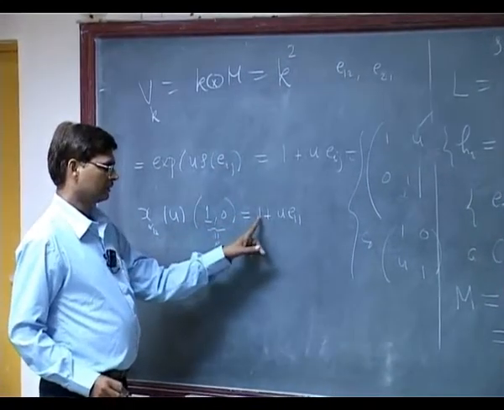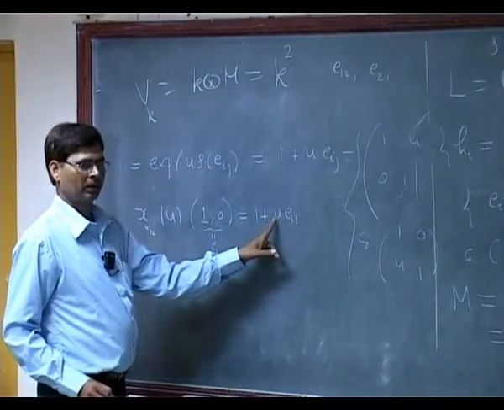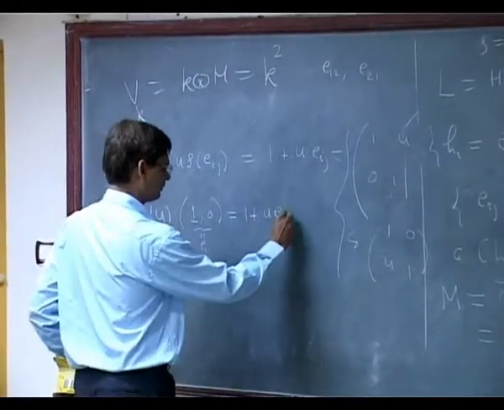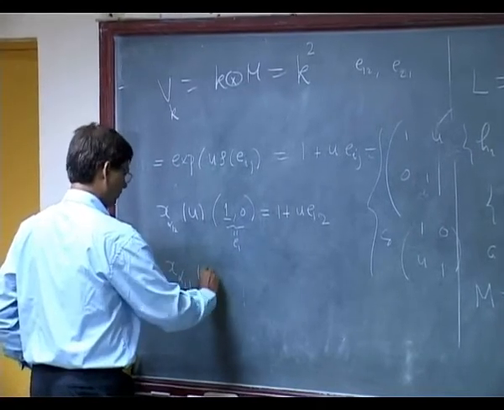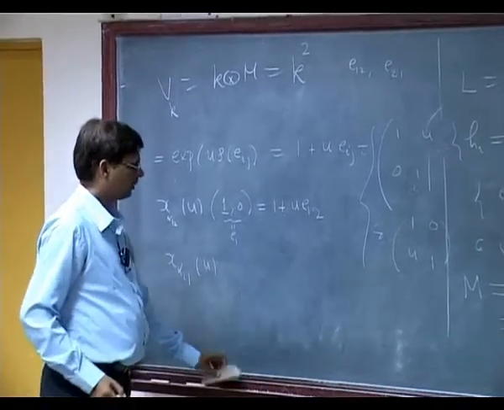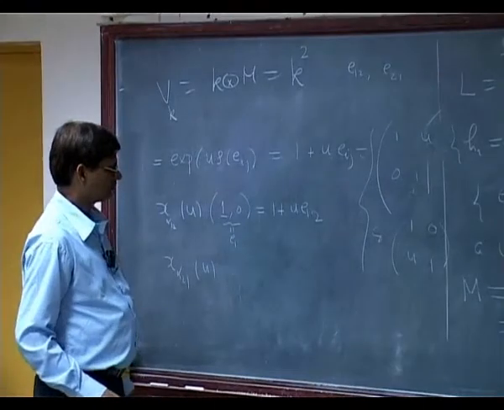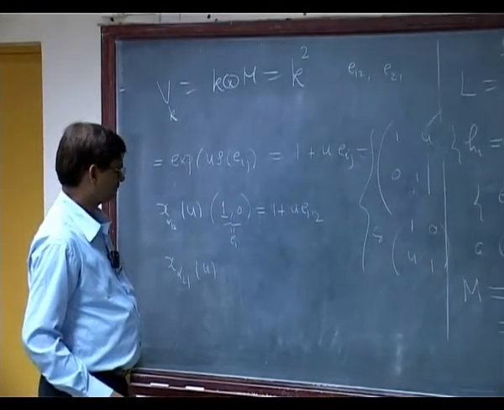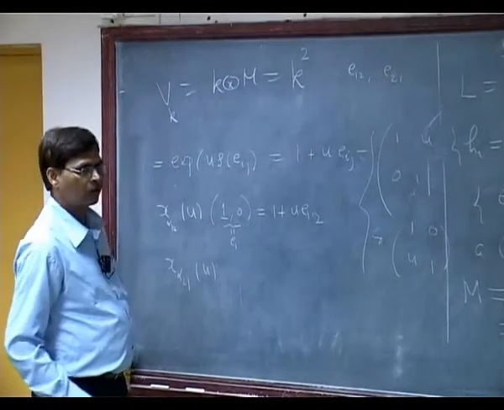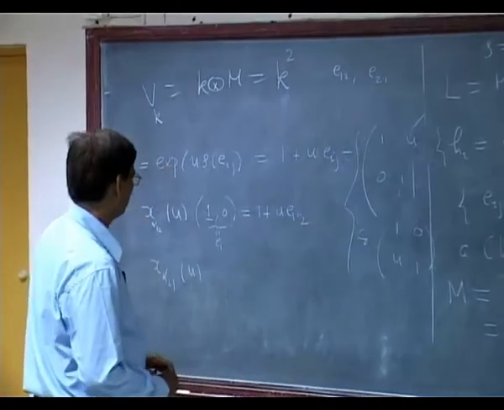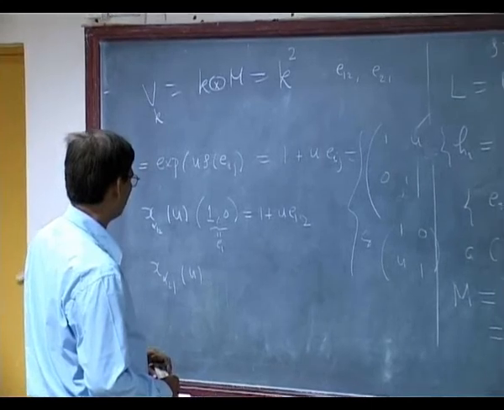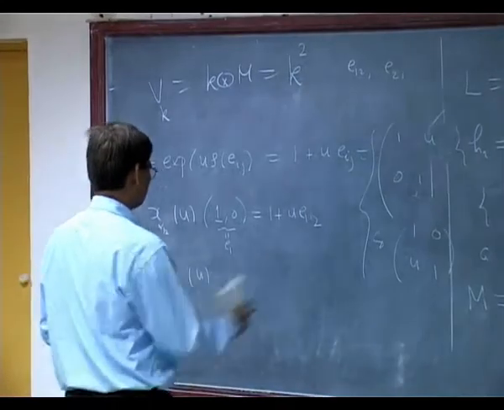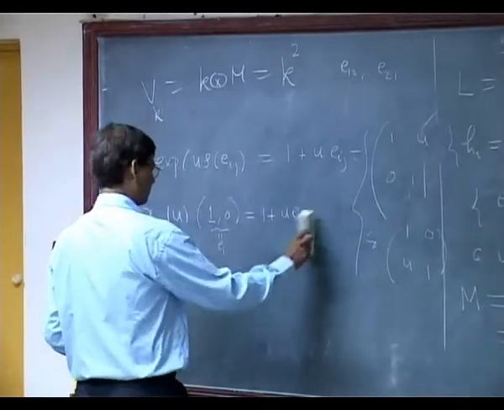So, identity plus u times E12, and similarly x alpha 2 1. We are just taking the image of the first column. Only the first column will come, only E1, right. So, let us write it like this.